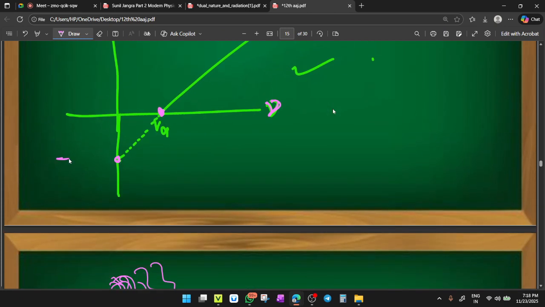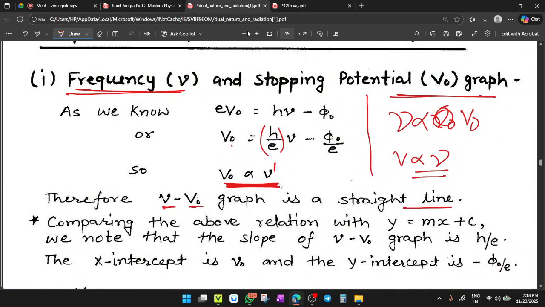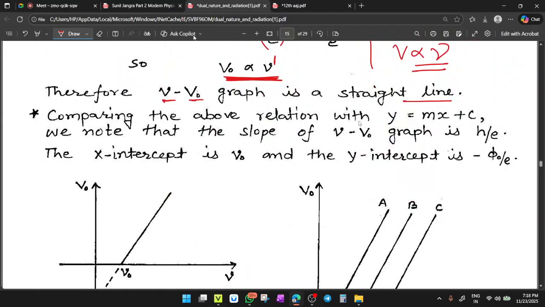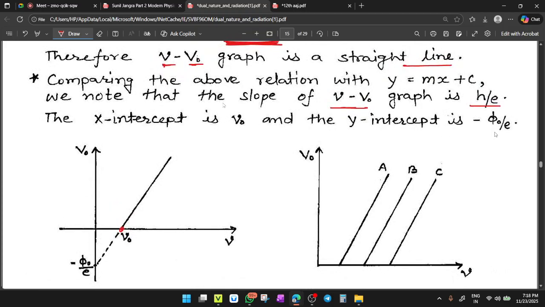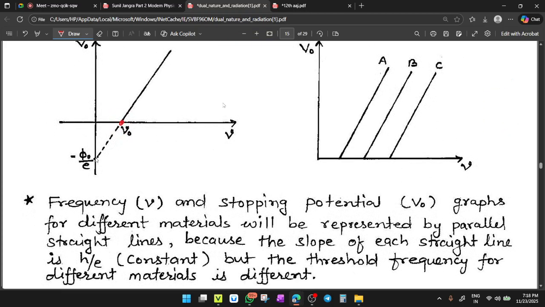And this cut point is minus phi upon e. Comparing the above relation with y equals mx plus c, we note that the slope of the V naught graph equals h upon e. The x-intercept equals nu naught, and the y-intercept equals minus phi naught upon e.